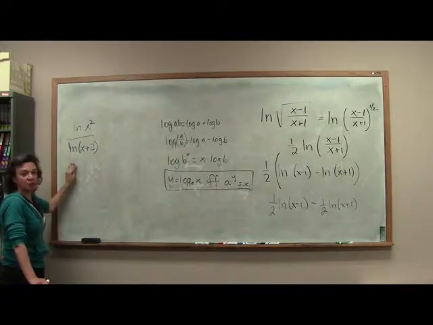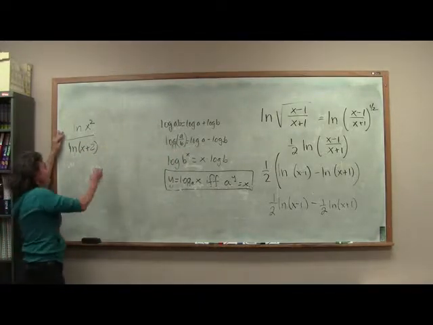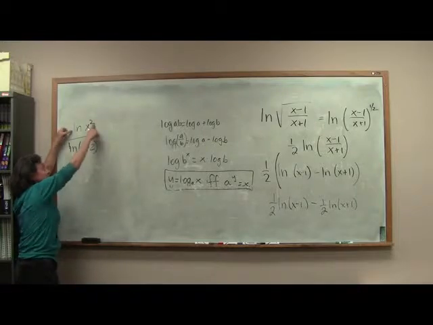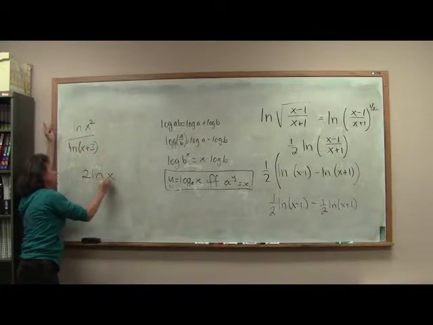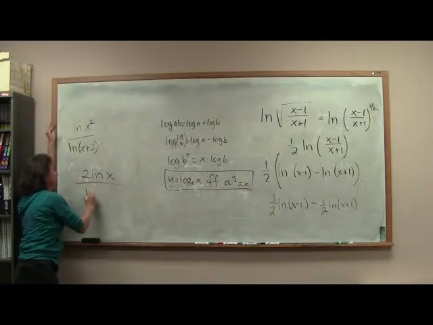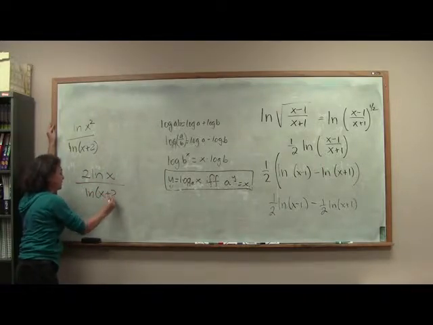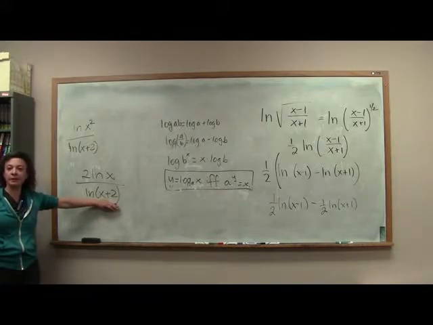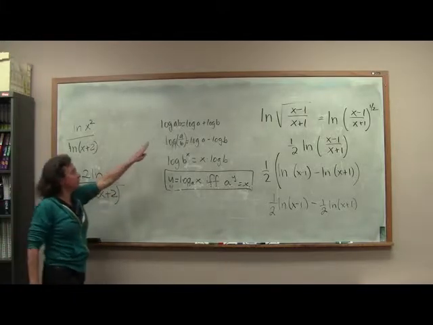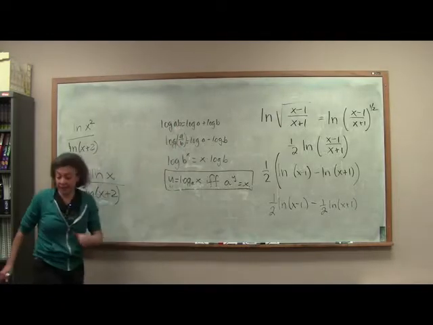What we have is a quotient of logs. So the best we can do is just deal with this power. The best we can do is write 2 log x over the log of x plus 2. Again, you can't break this up because it's a sum. You can only break it up when it is a product.